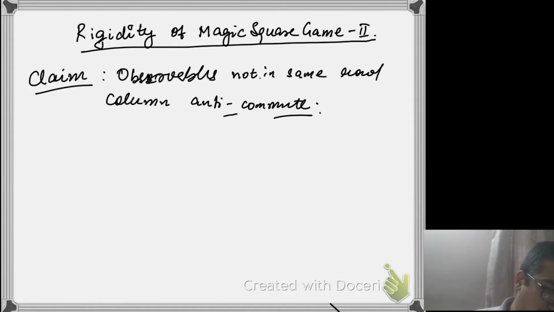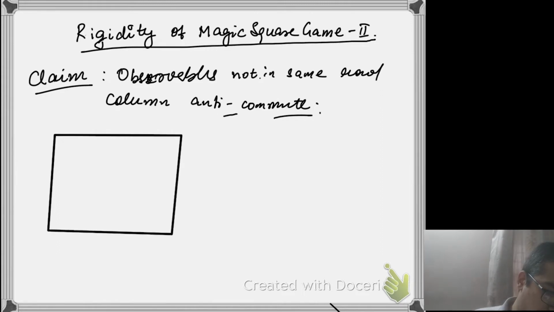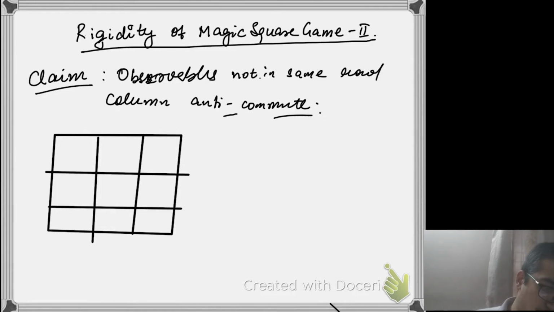So let's draw the grid of observables which we have. Alice has an observable for each variable. Alice takes a constraint as input and then it measures all the variables in the corresponding row and column for the given constraint.